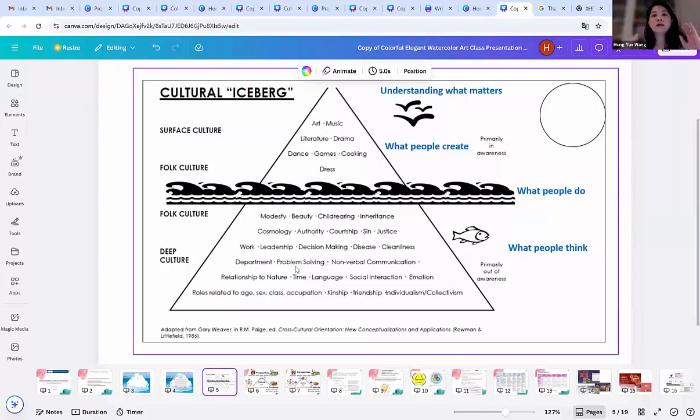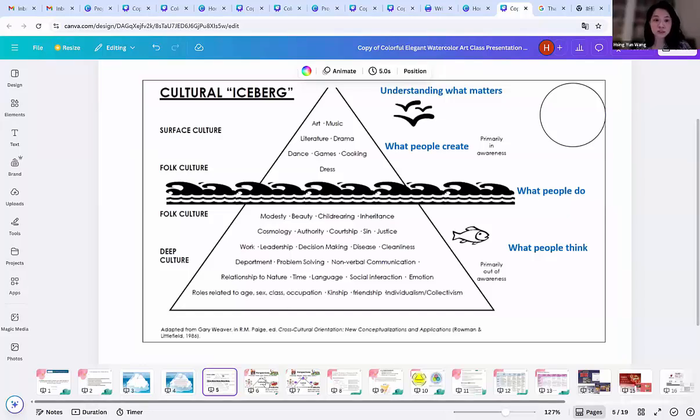Okay, so I think this can be a good idea for me and maybe for some other teachers to think about when we introduce culture. What kind of topics can we introduce to our students?